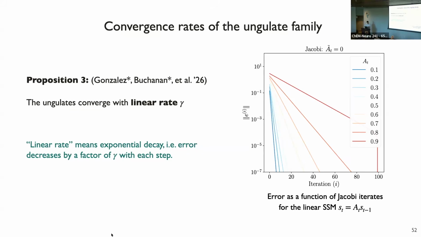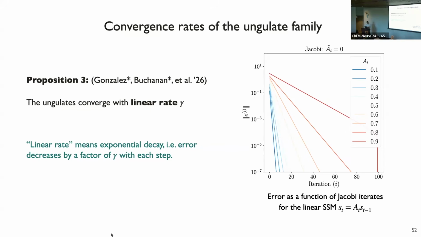The other point of note is, again, we said that Jacobi was linearizing the dynamics by setting them equal to 0, and what the different colors denote is what the real value of the matrix function is. So when it's 0, you get a really steep line for fast decay. That means gamma's close to 0. That smaller gamma means you're converging faster because you're reducing your error by a larger factor with each step.